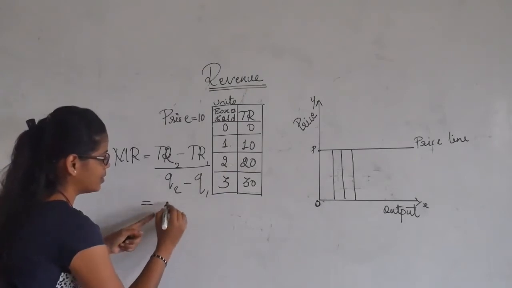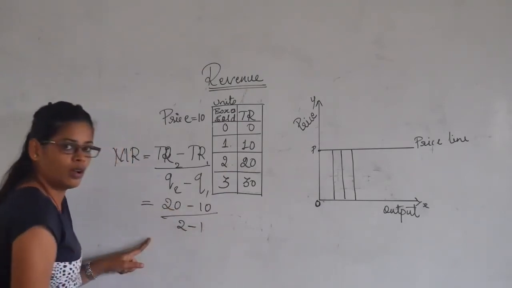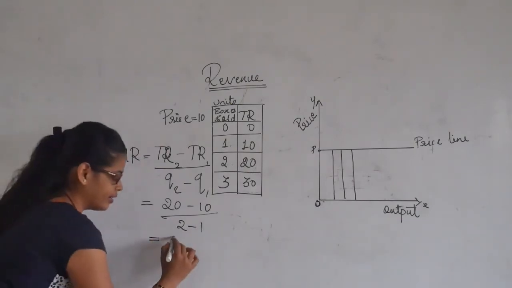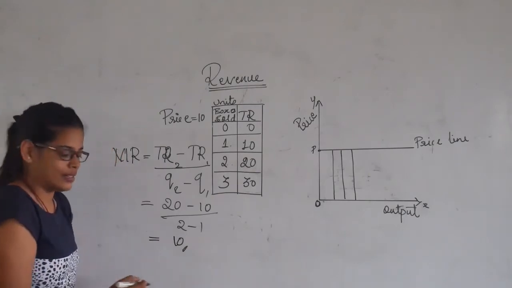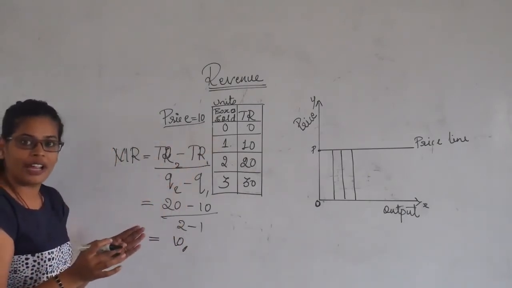So that becomes 20 minus 10 divided by 2 minus 1, right? So the answer ultimately again is 10. What is this 10 rupees? This is nothing but the price which we have quoted for a single box of candles, right?